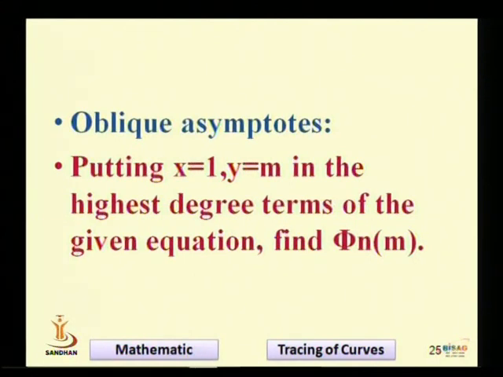Now we have to check whether the curve has any oblique asymptote or not. You know that the equation of an oblique asymptote is of the type y equal to mx plus c, where m is the slope of the asymptote and c is the y-intercept. So to find the oblique asymptote, we have to determine the slope m and the y-intercept c.